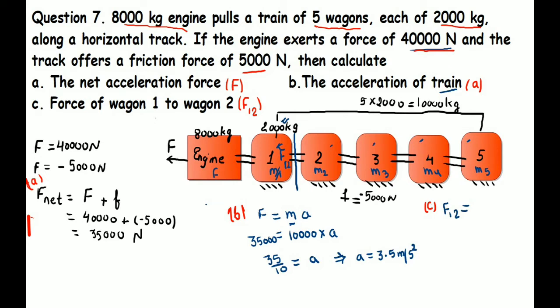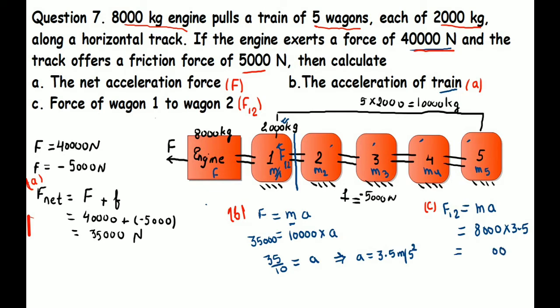Now how can we write? F of 1, 2 is equal to mass into acceleration. What is the mass of these 4 wagons? The mass of these 4 wagons is 8,000 kg, because 4 into 2,000. So we can write 8,000 into the acceleration we already know.